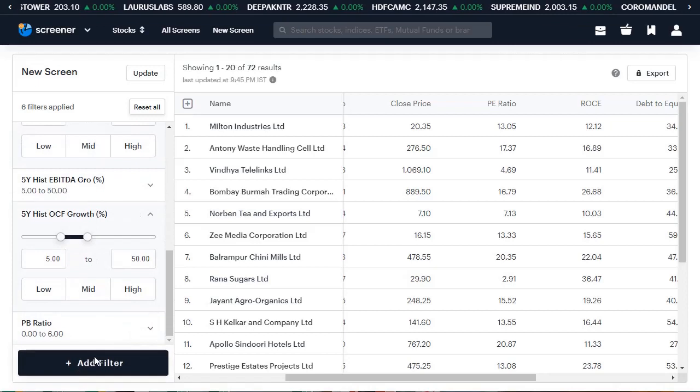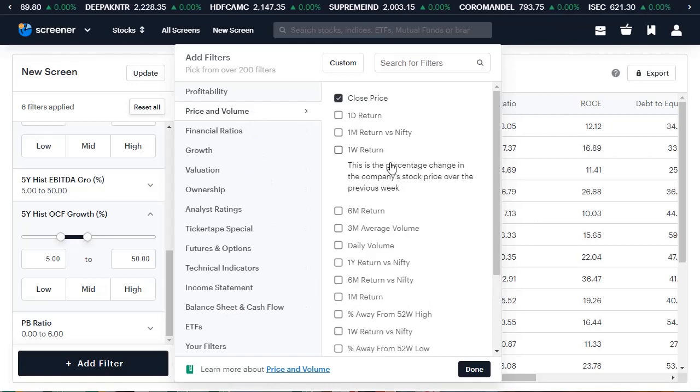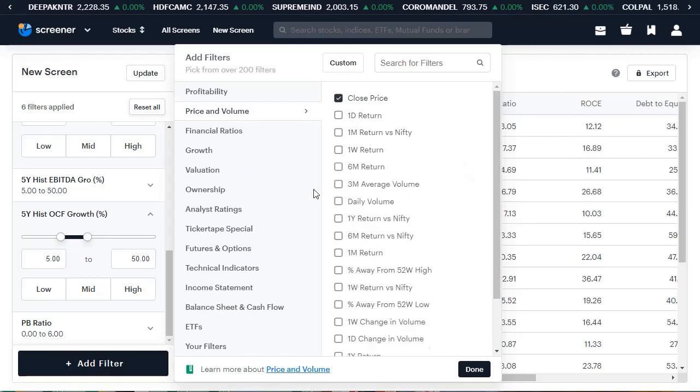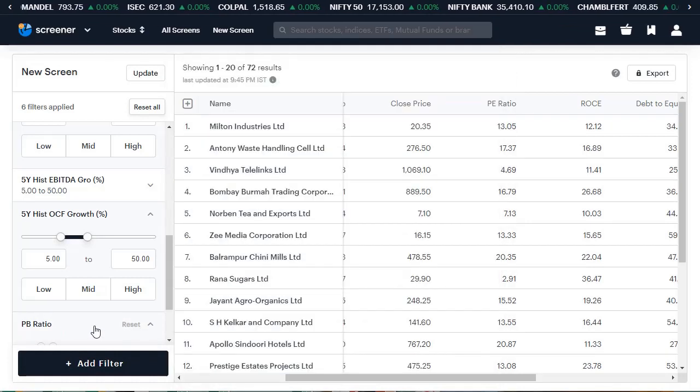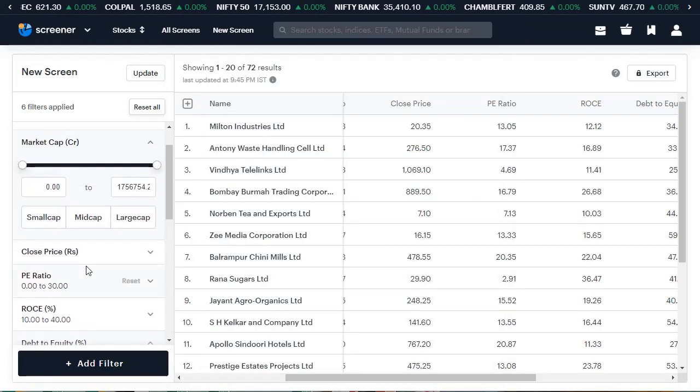If you want, you can add more filters to this list, but adding more filters will make you more confused in selecting stocks. Thereby, my advice is to keep the number of filters as low as possible so that you can select the stocks easily out of the given filter choices that you have taken.